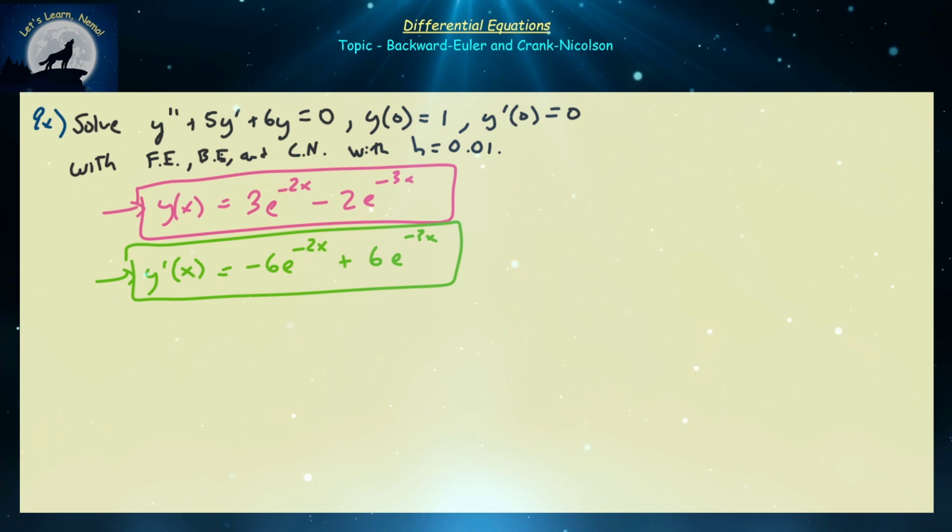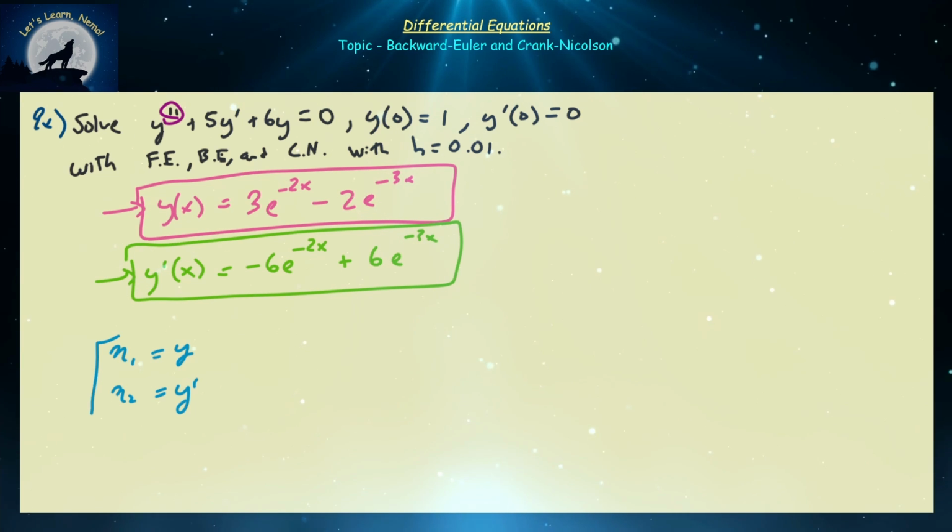In case you don't remember, any higher order differential equation can be represented as a system of first order differential equations of other variables. Keep in mind, since we're working with a second order differential equation, we need to introduce two new variables. Let's call those variables eta1 and eta2. Eta1 will be defined to be equal to y, and eta2 to y prime.